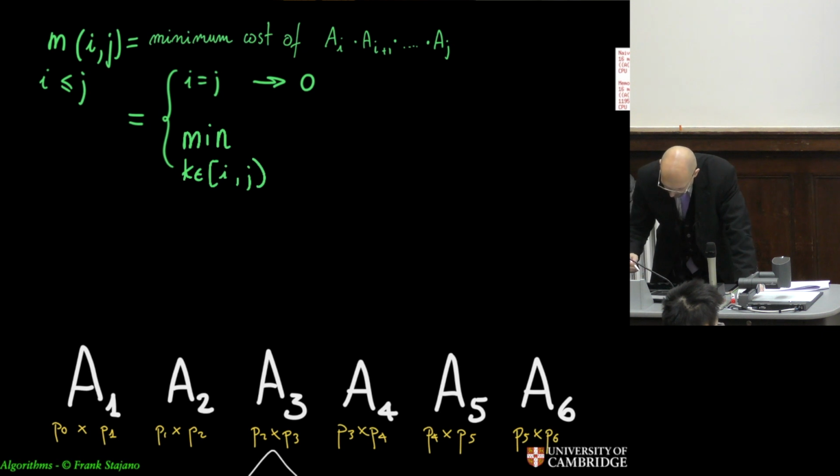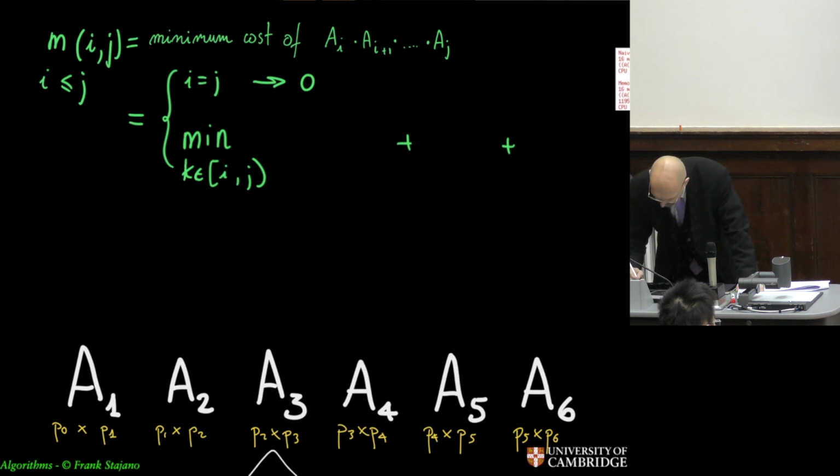So the top level is going to be, what are the dimensions of this? It's a matrix that has, if this is matrix 3, then this index is 3 minus 1, and then to 5, then this is 5. So it's going to be i minus 1 times the place where I do the split, which is k, times the last one, which is j.